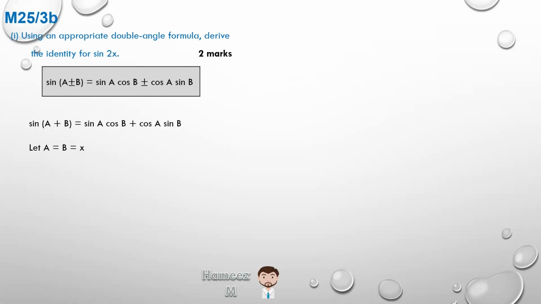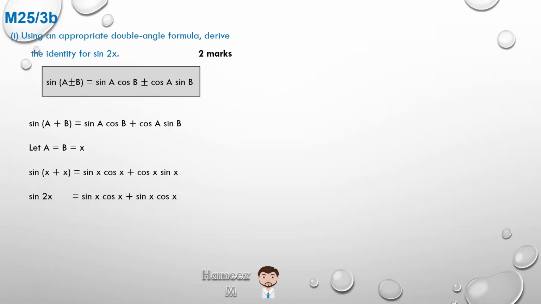Then we'll have sine x. We're replacing A by x and replacing B by x. So we're going to get sine(x plus x) is equal to sine x cos x plus cos x sine x. So x plus x is 2x, and sine x cos x is the same as cos x sine x.